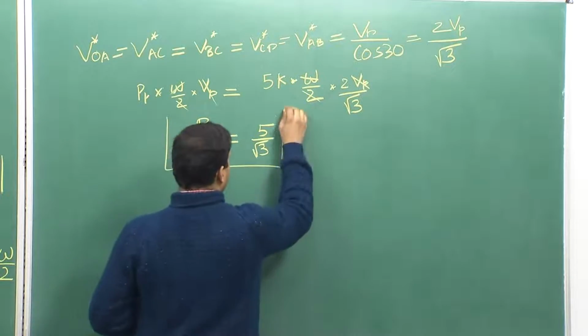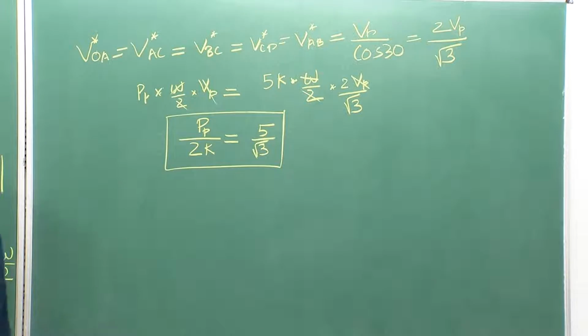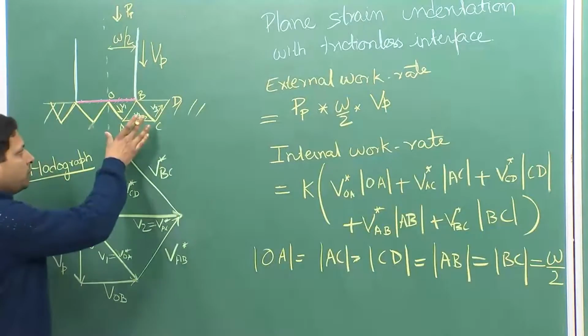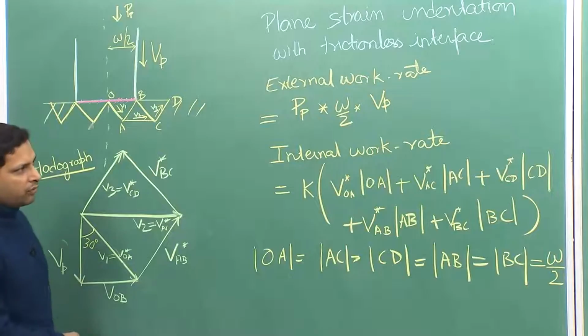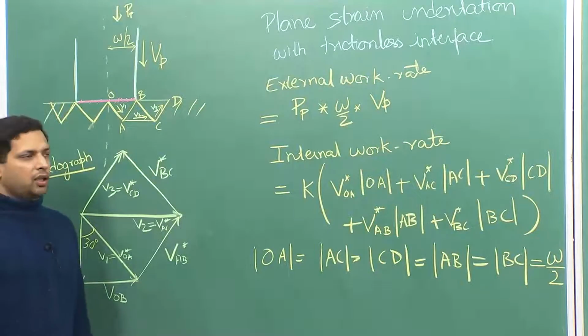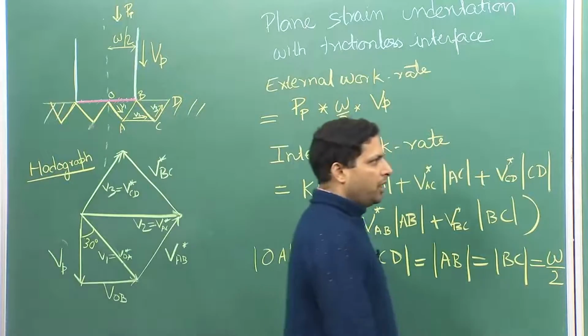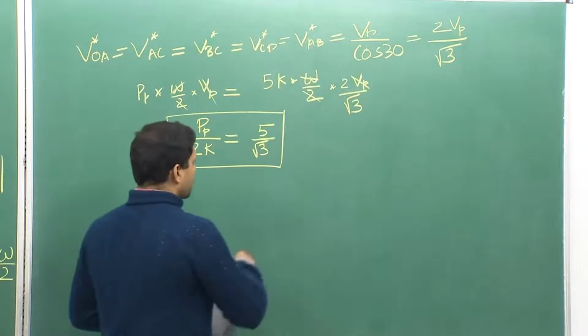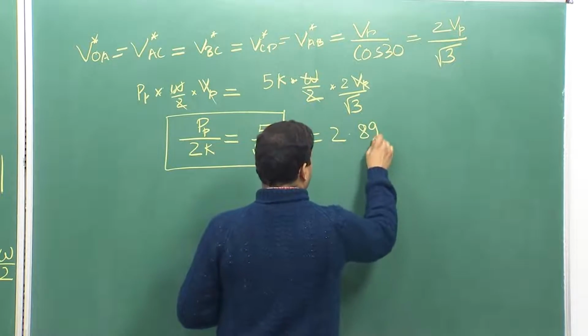So, you see, even though it looked like a very complicated and involved problem, whatever field we have assumed for it, we get a very simple and straightforward result. We did not have to do much manipulation, and we get a simple relation of Pp by 2k, which is 5 over root 3, or you can write it as 2.89.